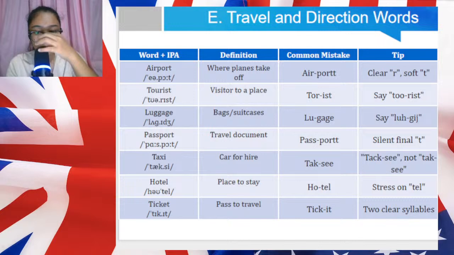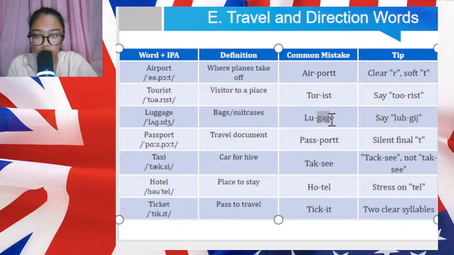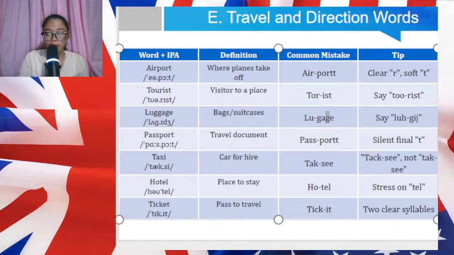One more time, luggage. Again, luggage. Now here, the confusion is over the hard G sound in English. We know that the letter G has two different, distinct sounds depending on how it is used in the word.